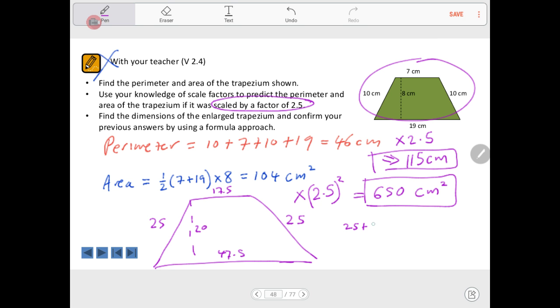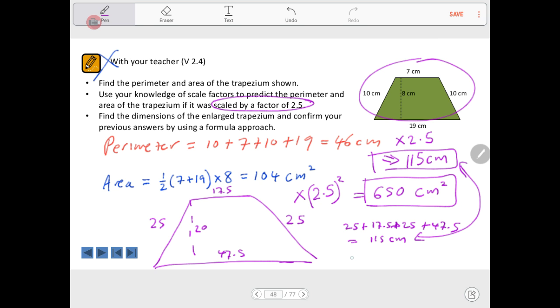So 25 plus 17.5 plus 25 plus 47.5. Check it out. I'll just check it on the calculator. We add those up and we do get 115 for the new perimeter. It matches that answer there.